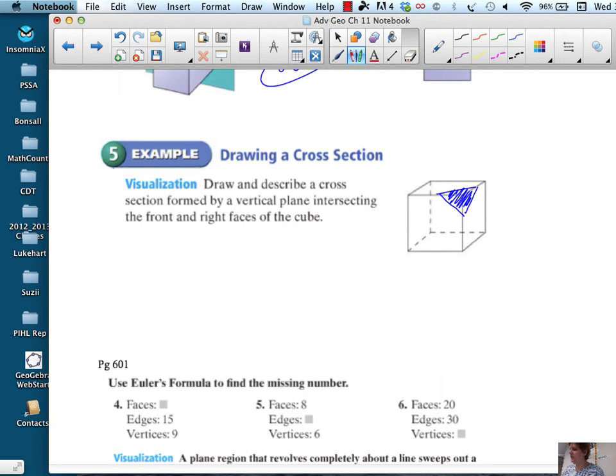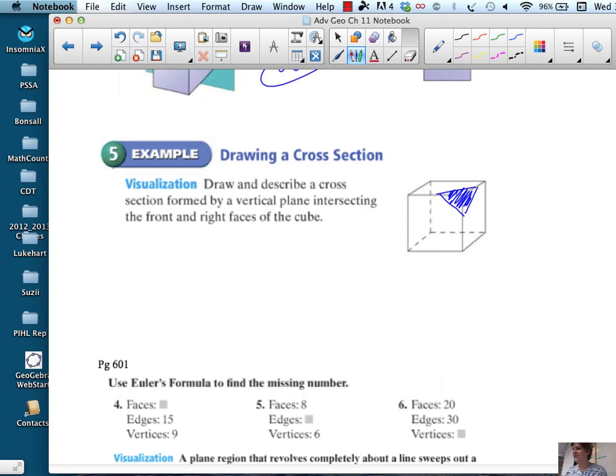We could also have it intersect the bottom, but in any case, if we have the plane intersect the front and the right side, it's going to intersect also either the top or the bottom of the cube. So I could draw this in a certain way so that it'd be an equilateral triangle. I could also do it in such a way that it'd be an isosceles triangle.